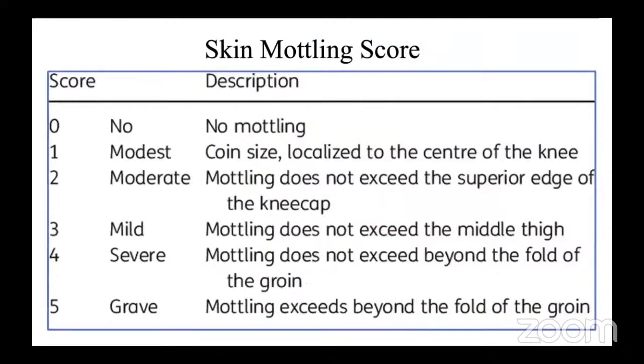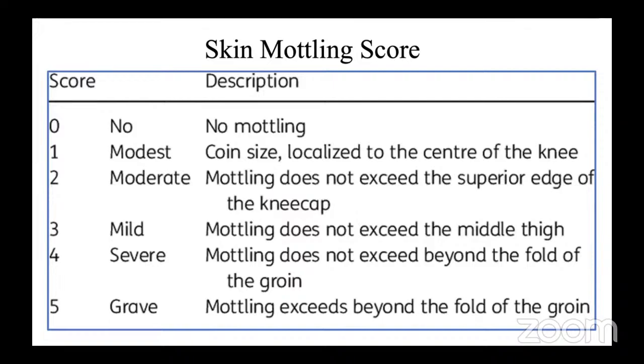So the skin mottling score, 0 indicates no mottling, 5 is a grave sign and is seen when the mottling extends beyond the fold of the groin. Now, as this patient is hypovolemic, presents to you with severe or grave mottling, you start giving fluid to the patient and the color of the skin improves, which tells you that your resuscitation is working.